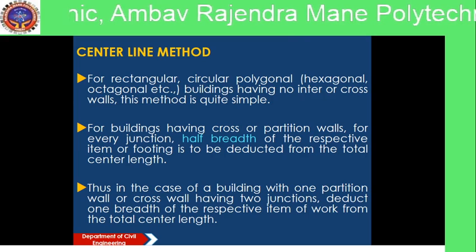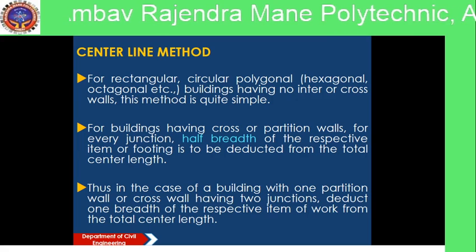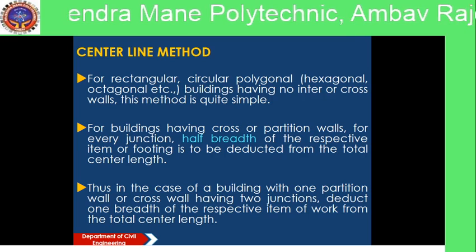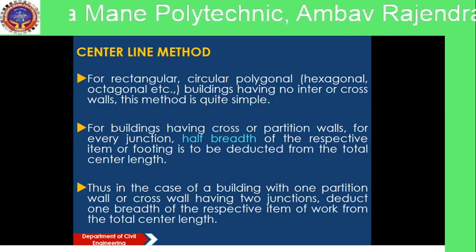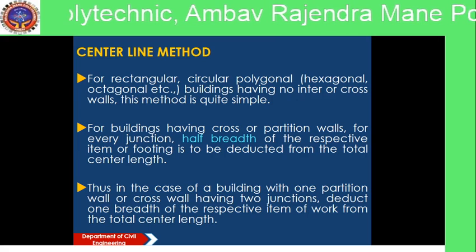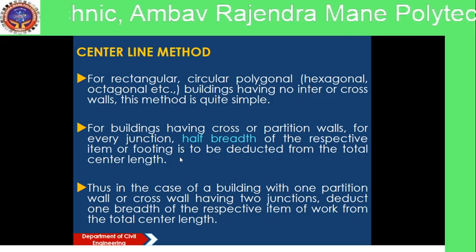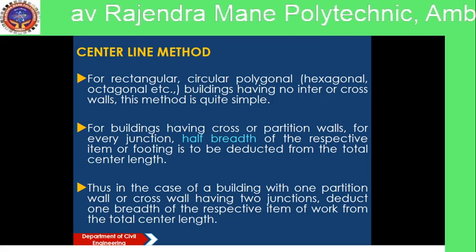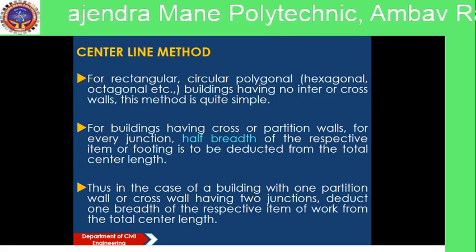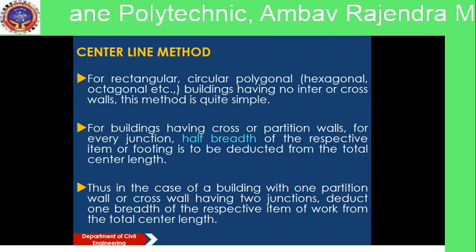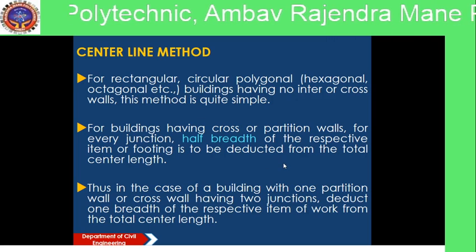For buildings having cross or partition walls, for every junction, half breadth of the respective footing is to be deducted from the total center line. Thus, in the case of a building with one partition wall or cross wall having two junctions, deduct one breadth of the respective footing from the total center line length.